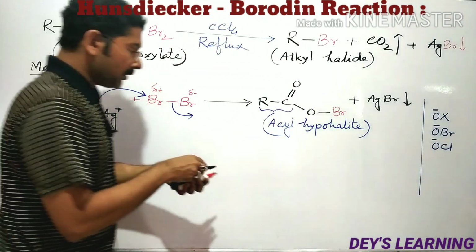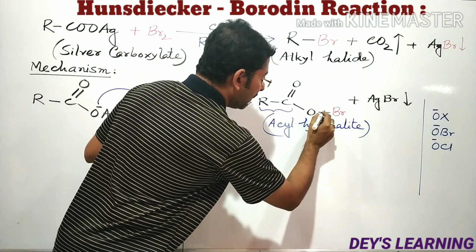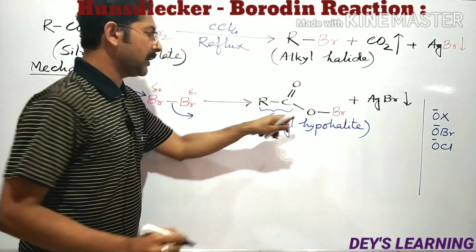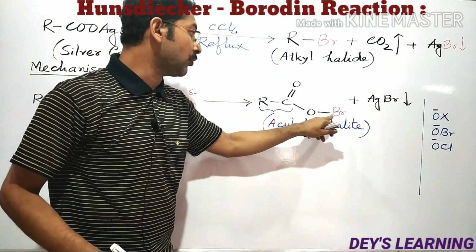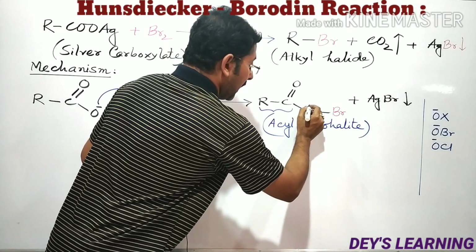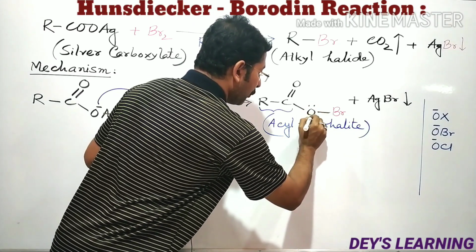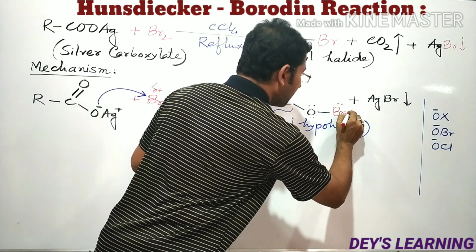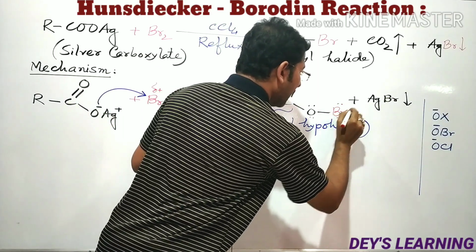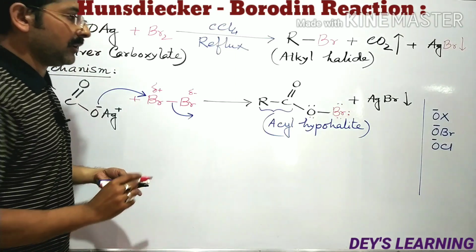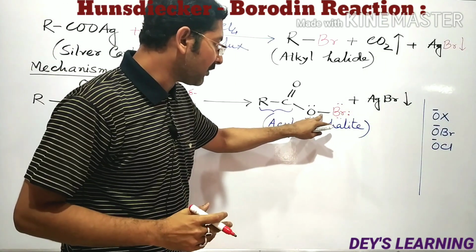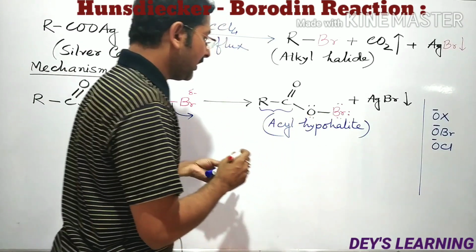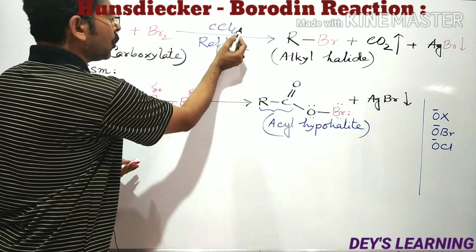Now this bond is very unstable. This is a covalent bond between two nonmetals and two electronegative elements. Oxygen contains 2 lone pairs and bromine contains 3 lone pairs, so there will be some lone pair repulsion, and due to this repulsion this bond becomes very weak, and it can easily be cleaved in a non-polar medium.